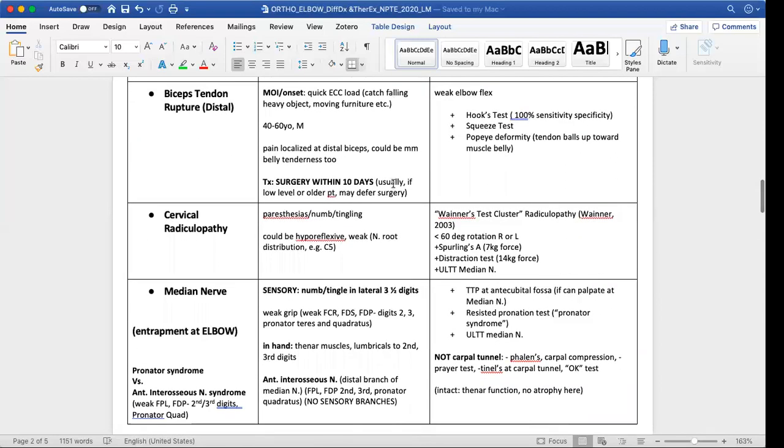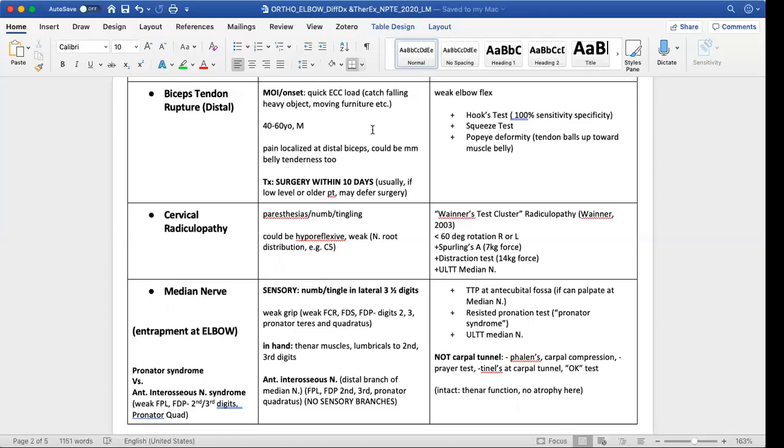And then a biceps tendon rupture, so a full rupture of that distal biceps tendon, is going to be described usually with a quick eccentric load, so quick traumatic loading of that biceps, either catching something that's heavy or lifting something that's really heavy. It doesn't have to be eccentric, it can be concentric. Usually eccentric is the mechanism, but it could be concentric.